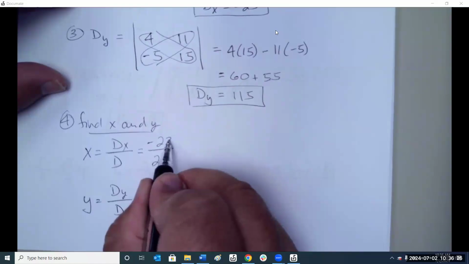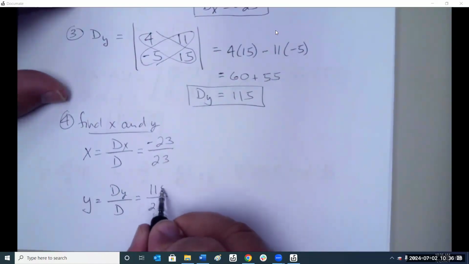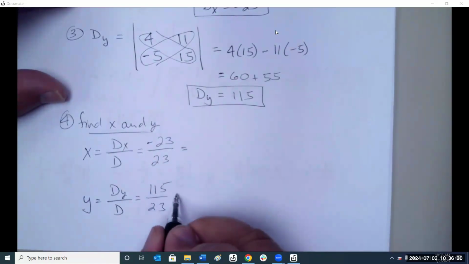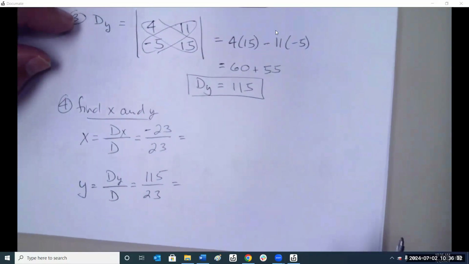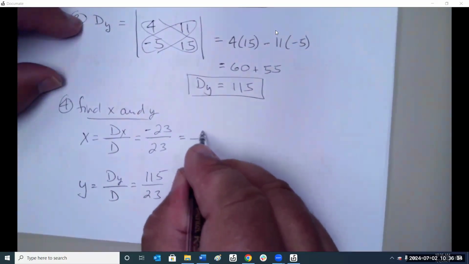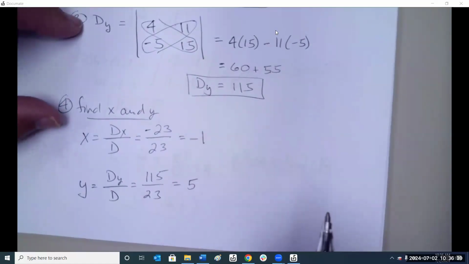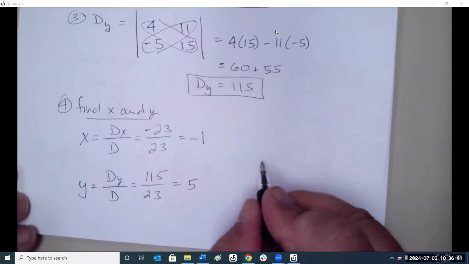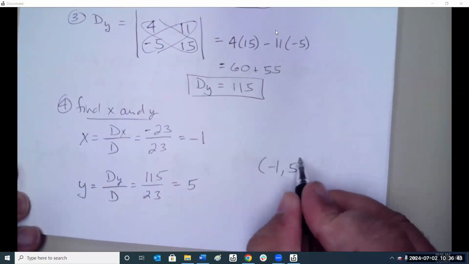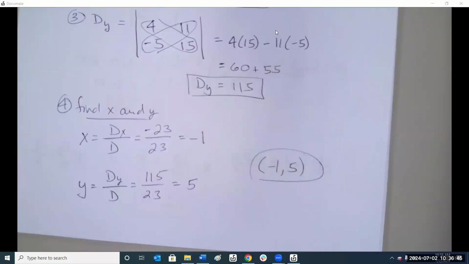Dx is negative 23, dy is 115. So it's negative 1 and 5. So far, so good.